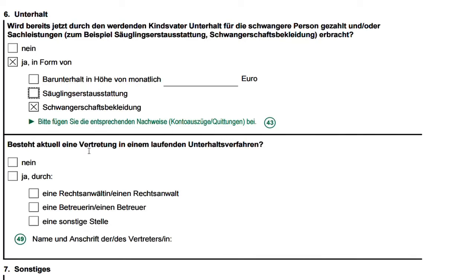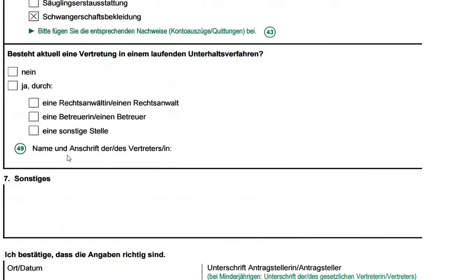If the court or another authority has not decided yet how much the father of the child should provide for the maintenance of the child, and the maintenance proceedings are ongoing, and in this case, if the pregnant woman is not being represented in the ongoing maintenance proceedings, you should mark "nein", or no, with a cross.